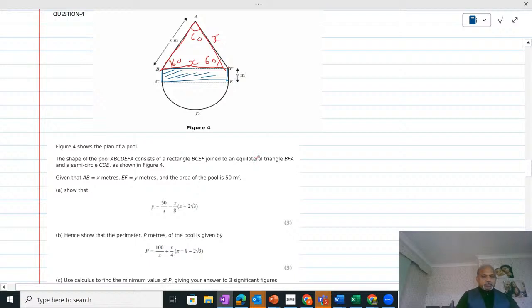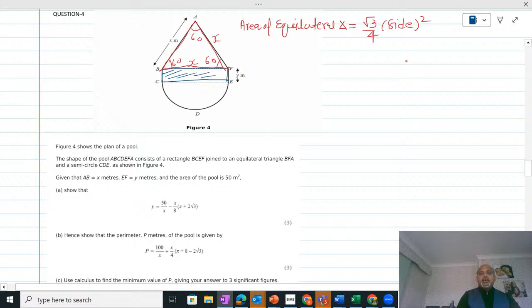Now first of all, does anybody know the formula for the area of an equilateral triangle? If you can remember it, it is root 3 by 4 times side squared.